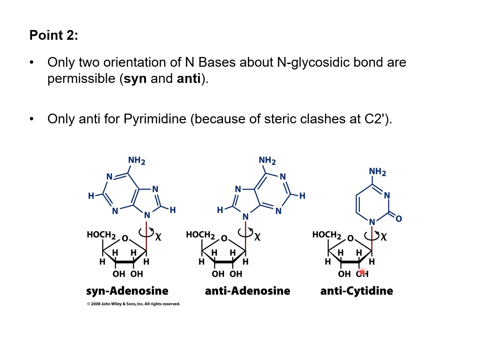The purines can have both the syn and anti because there are no steric clashes with the other atoms on the pentose sugar. But the pyrimidines such as cytosine, thymine, and uracil have this bulky oxygen atom that is located here with the two lone pairs of electrons that will have a steric clash with the C2' on the pentose sugar. So it will only allow the anti form here, not the syn.